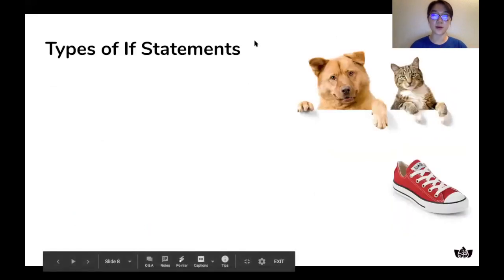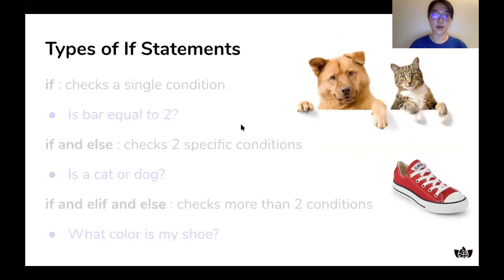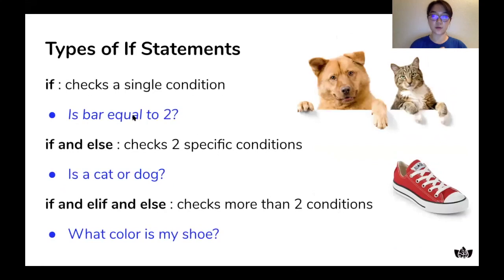A quick reminder is that the types of if statements that we'll see are things like a single check. If we use a single check, then that will be using one single if statement. If we have two specific conditions, then we're going to use an if and an else. Likewise, if we have more than two conditions, we'll be using something called if, else if, and else.